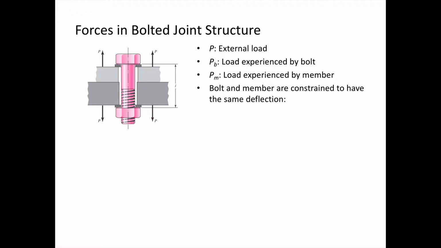The bolt and the member, as in the previous example, are constrained to have the same deflection. So we say that the load divided by the stiffness for both the bolt and the member is equal to the same deflection. And then we also have an equation from static equilibrium. The load is equal to the bolt load plus the member load.